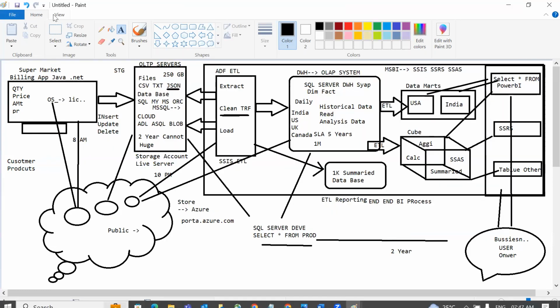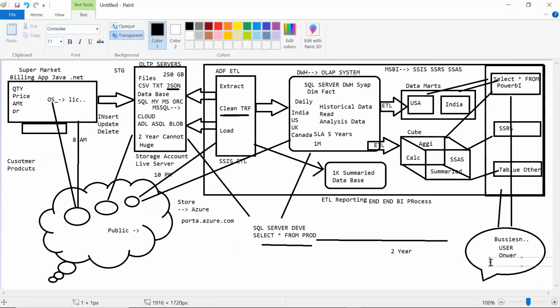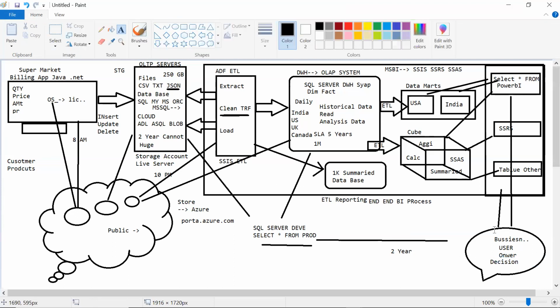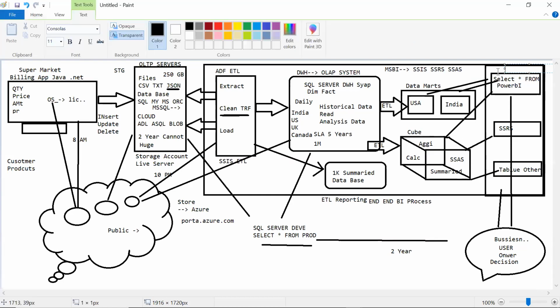It's all about taking decisions in a business. If you don't give proper data, there may be issues. To take business decisions, they require a proper report. So when you don't have the data, what will these people do?